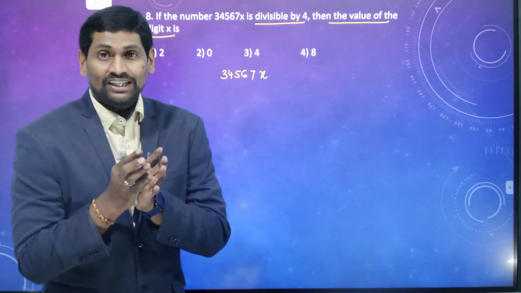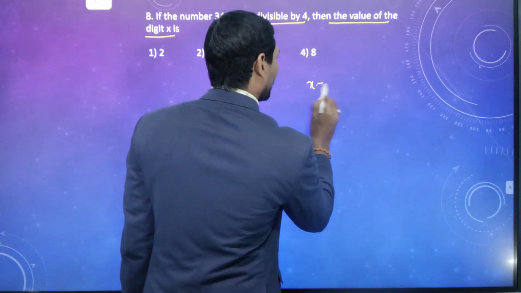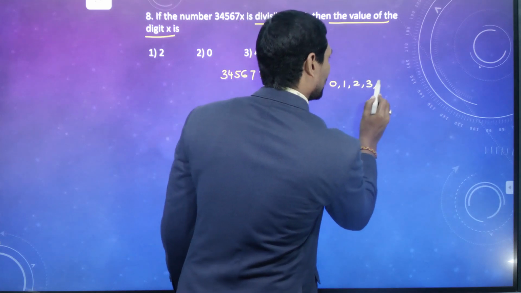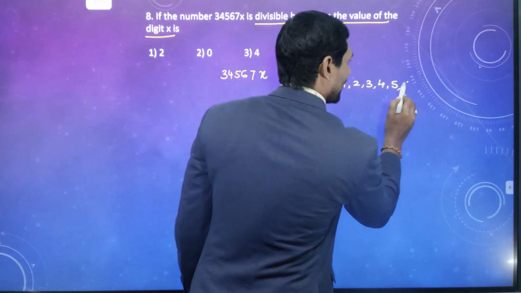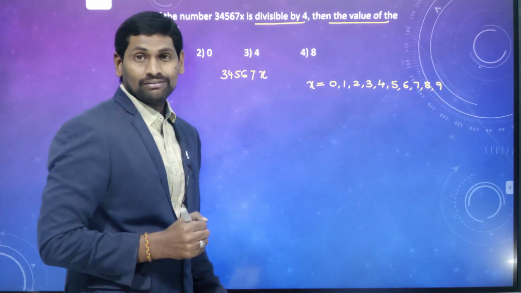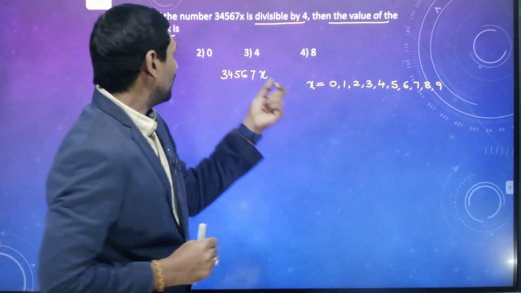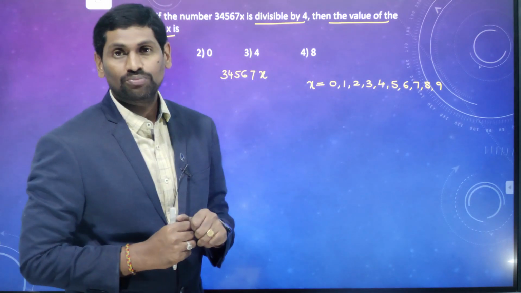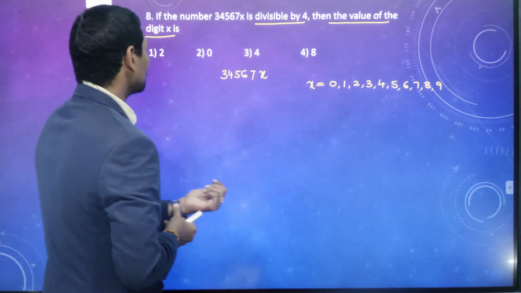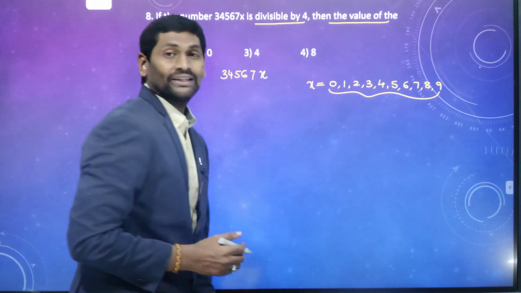So let us check the possibilities of x first. The possibilities of x are 0, 1, 2, 3, 4, 5, 6, 7, 8, 9, all single digit numbers from 0 to 9. There are 10 possibilities for the x value. Among these 10 possibilities, we need to apply the condition also.